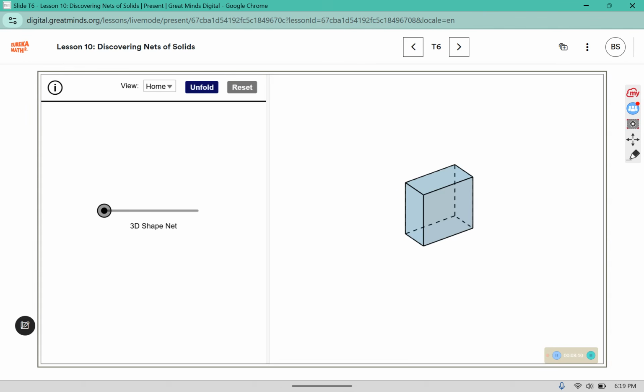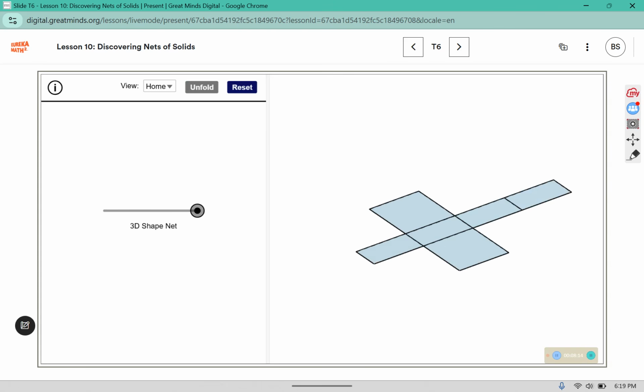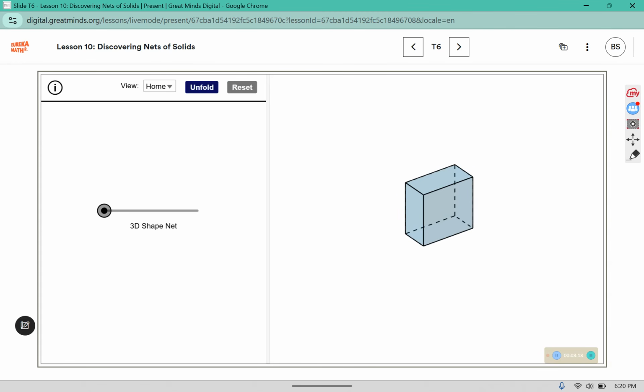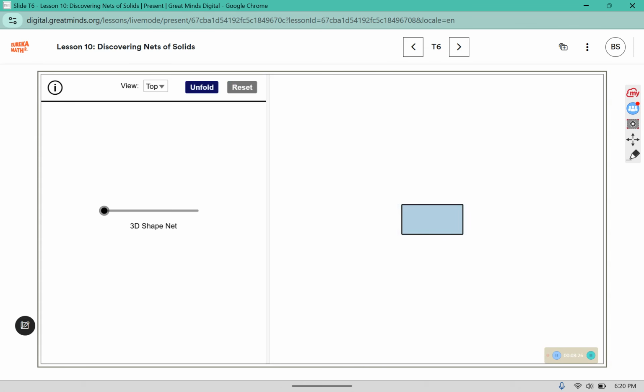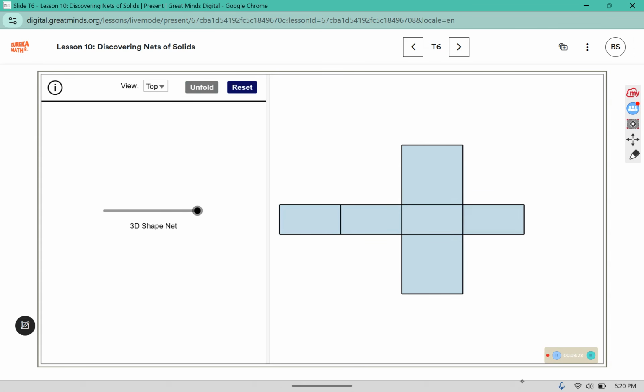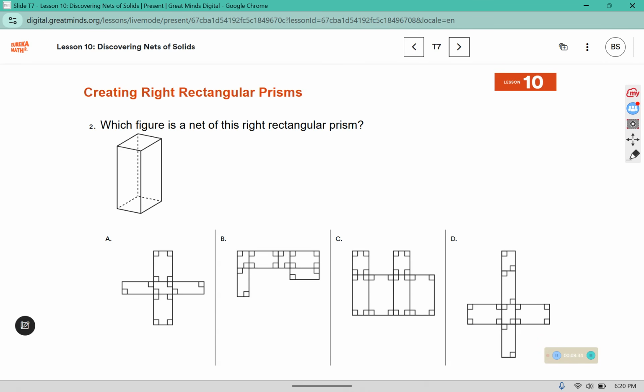Notice that there are 2 faces on opposite ends here. Let's look at it from another perspective. Which figure is a net of this right rectangular prism?